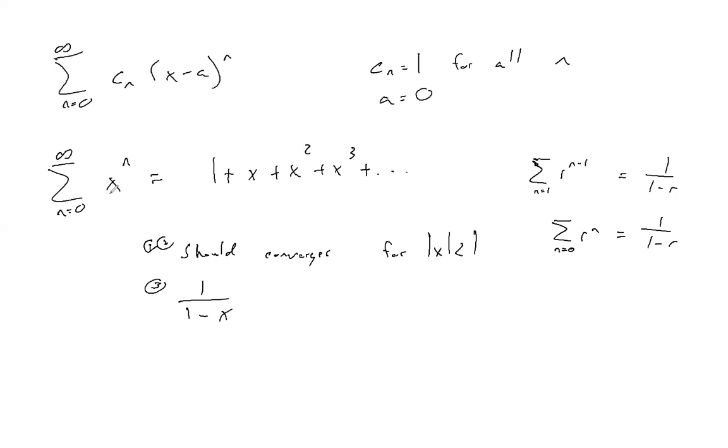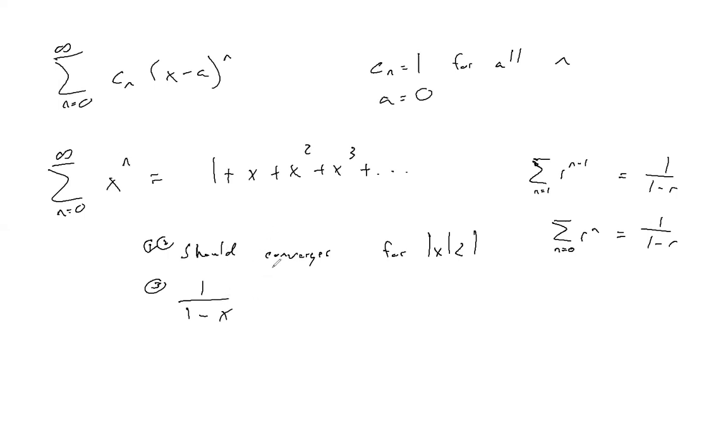I plug in a specific x and I get a specific value out. So what does that sound like? Plugging in an x and getting one value out sounds like a function, right? So it turns out that when a power series converges, we can think of it as being not equal to a number, but equal to a function.